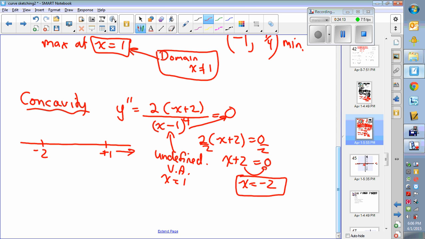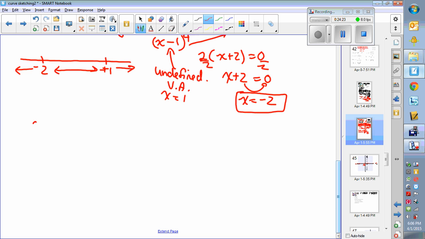So your intervals are bigger than 1, between 1 and -2, and less than -2. So a new table to set up: x less than -2, between -2 and 1, and larger than 1.